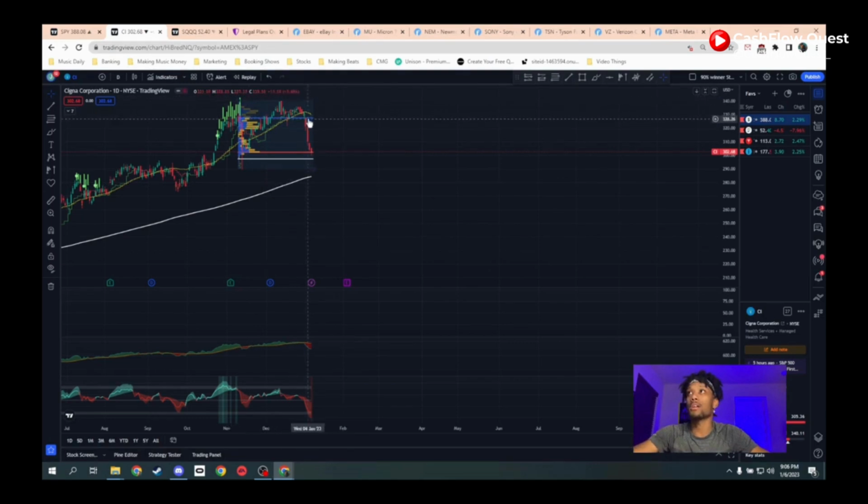Right here, after it broke this first 200, would have been the perfect spot to enter, because you got two of your trends telling you that we're going down, and you got two of your indicators giving you an entry. So you could have held it for like 3 days, made an easy profit on that. Just super simple.